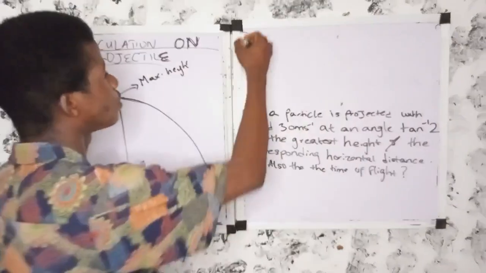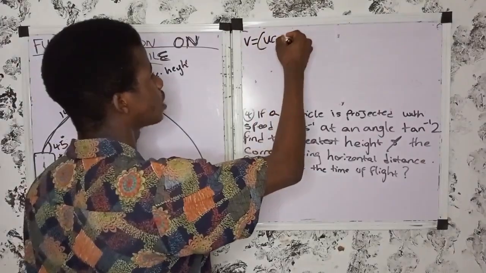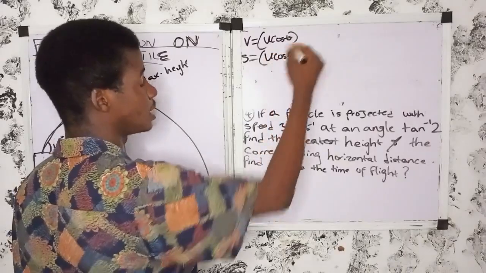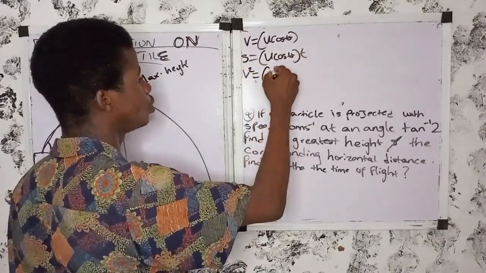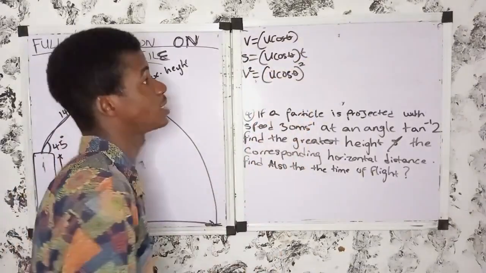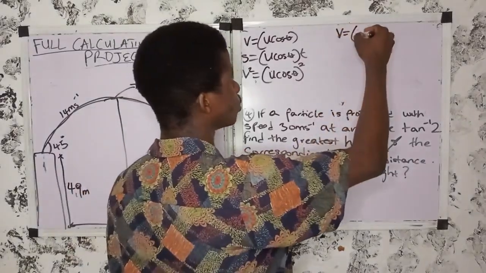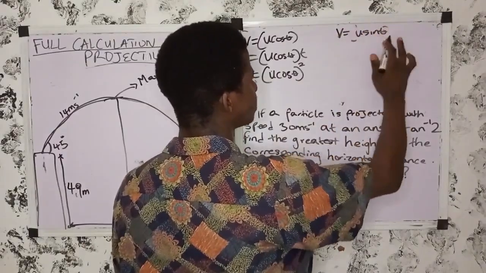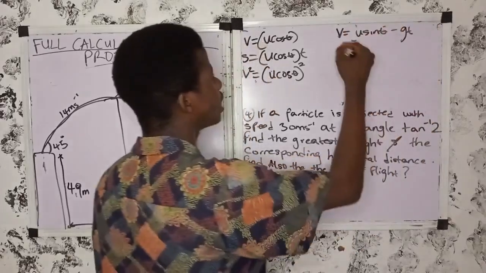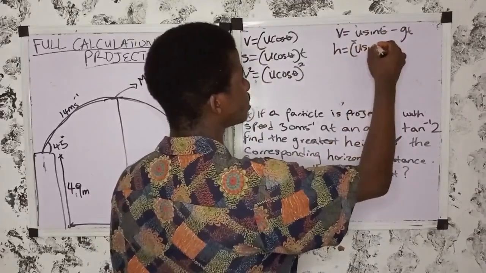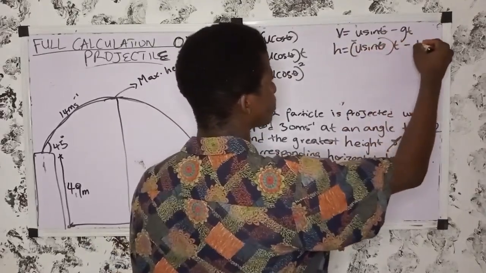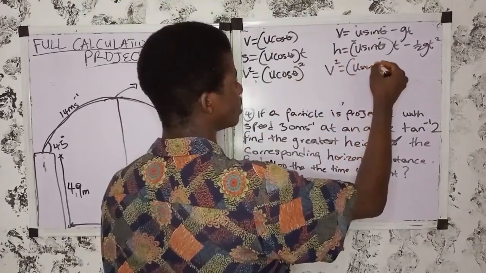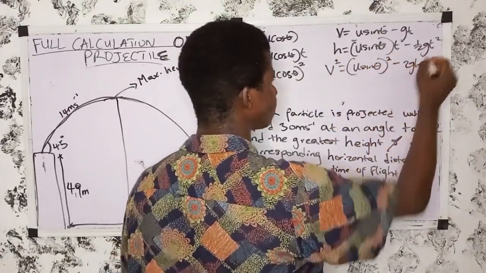The equations under horizontal motion are: v equals U cos theta, s equals U cos theta times t, and v squared equals U cos theta all squared. Under the vertical: v equals U sine theta minus gt, then h equals U sine theta times t minus half gt squared, and the last one, v squared equals U sine theta all squared minus 2gh.